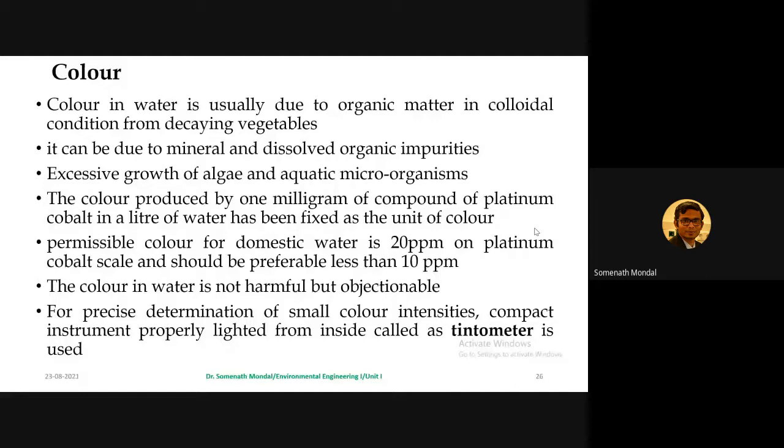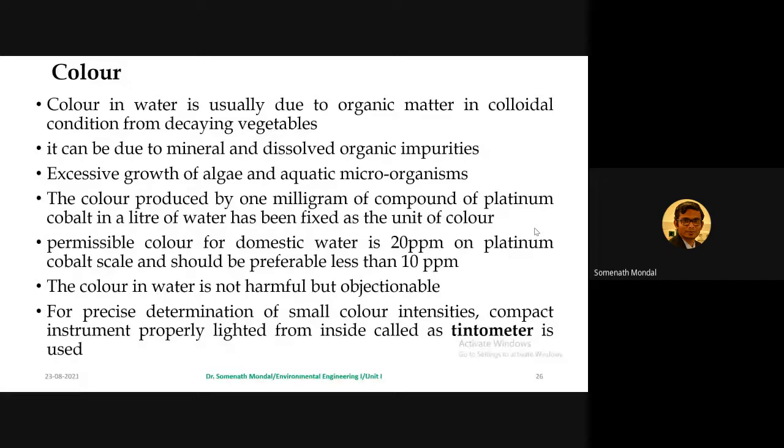So the color in water can easily be detected by the naked eye, no doubt about it, and it can be measured by comparing the color of the water sample with standard glass tubes, which are known as Nessler tubes, containing solutions produced by 1 milligram of platinum cobalt dissolved in 1 liter of distilled water.